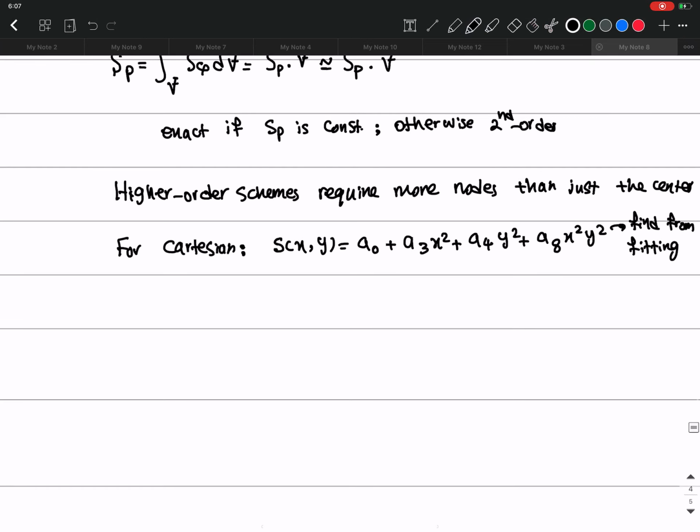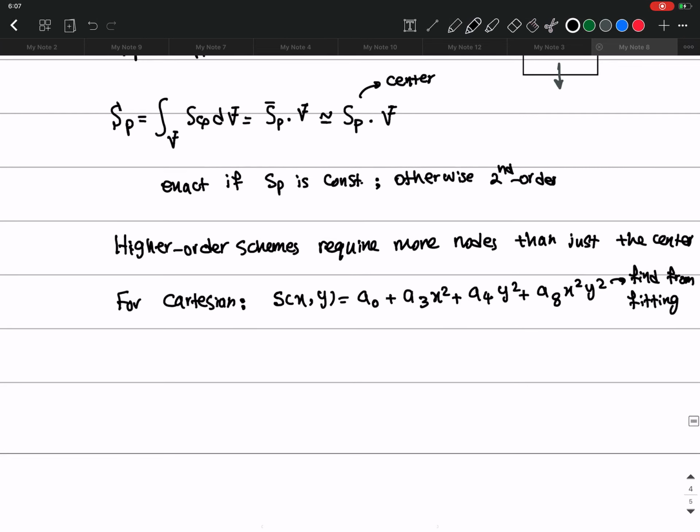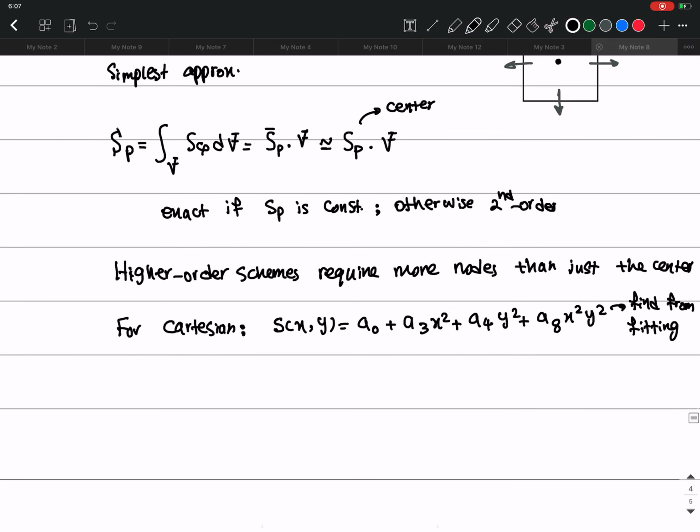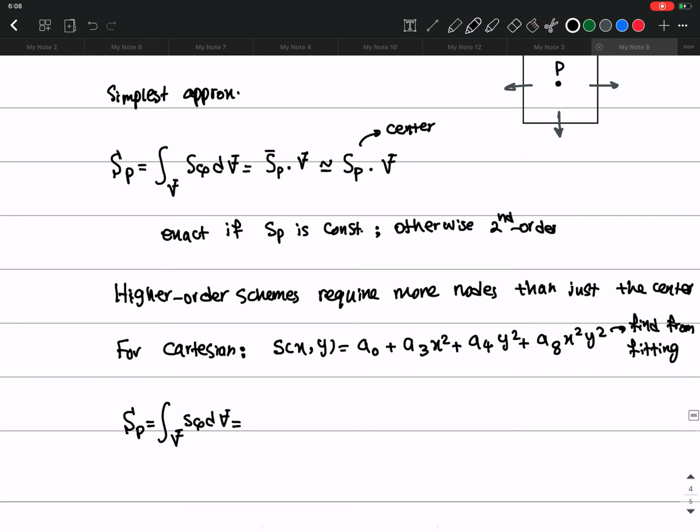And then for a uniform grid, we can approximate SP using these points as follows. SP, which is the integral over the volume of S phi dV, is delta x, delta y.